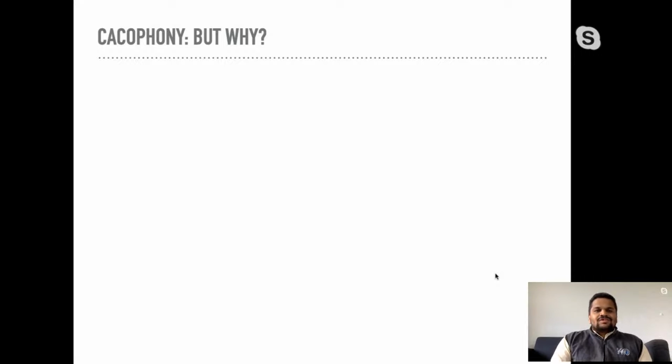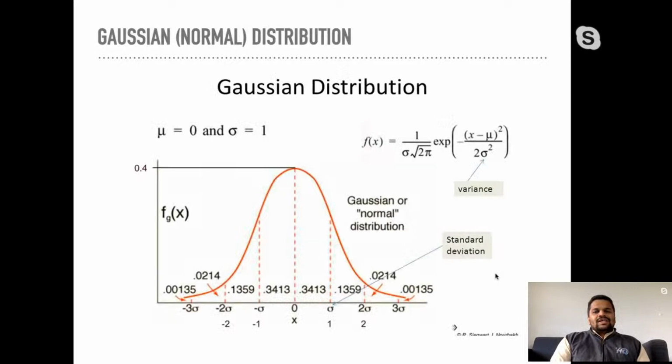This is all LIGO data converted to music, or say cacophony, so that we can listen to it. And this is all the noise which we see in the data. Just a precursor to understand what we heard.